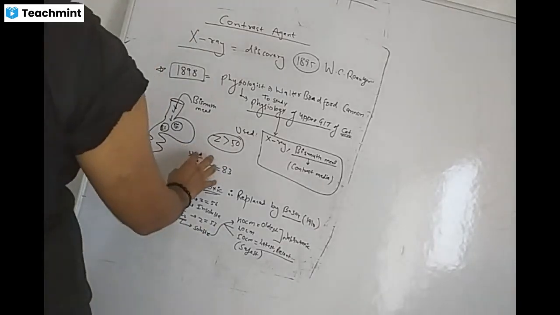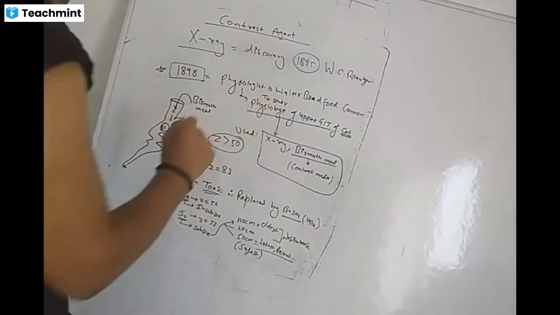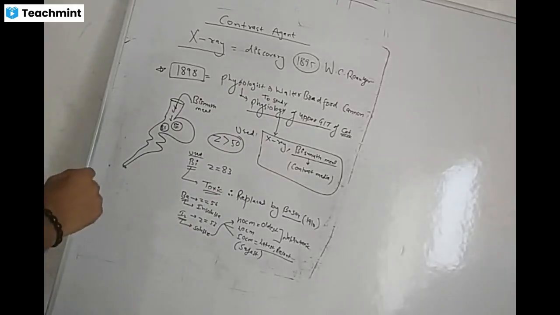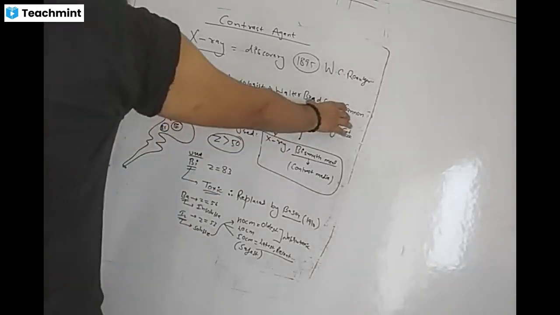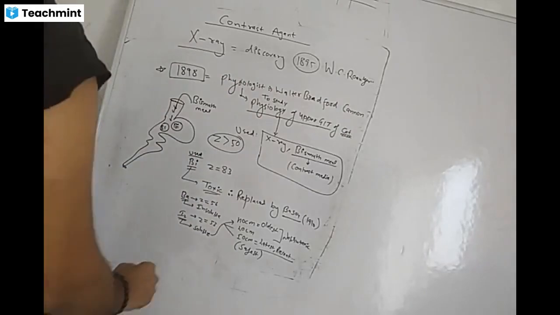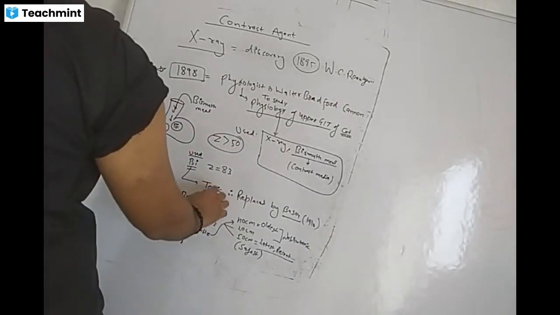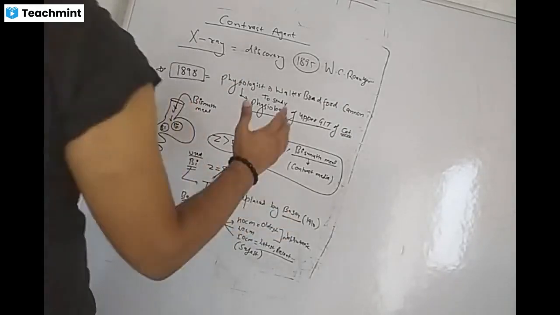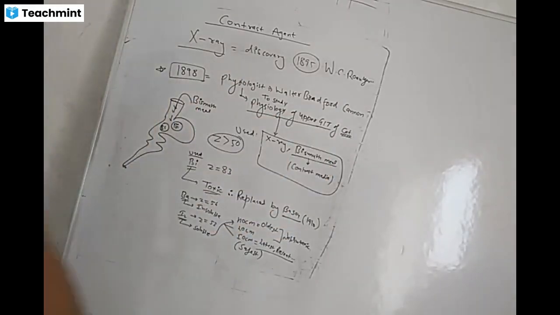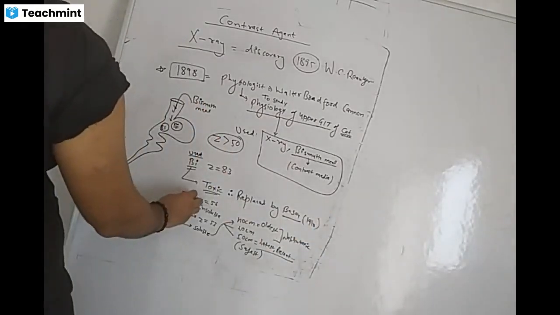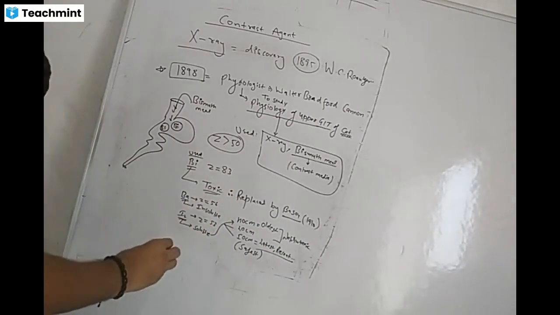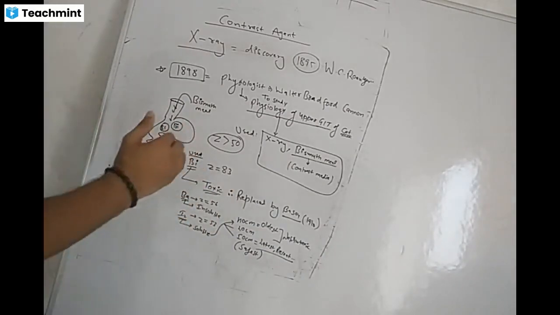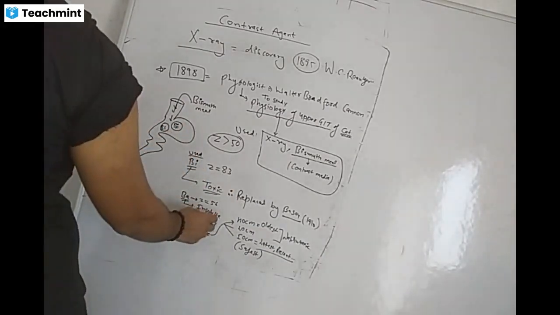So bismuth, the first material used as a contrast agent by Cannon, was toxic, and later it was replaced by a safer one, barium sulfate, in 1910. Barium sulfate was used orally because it is insoluble.